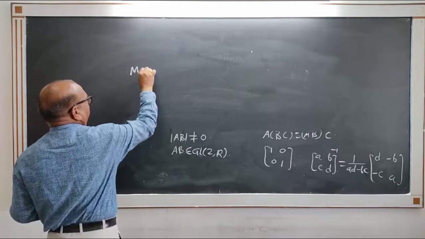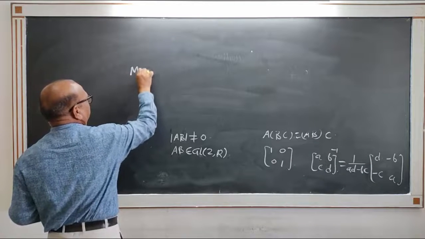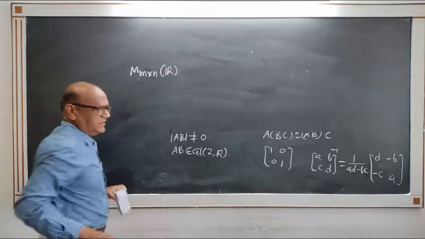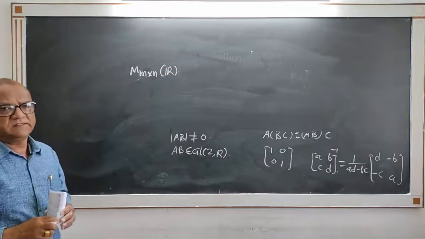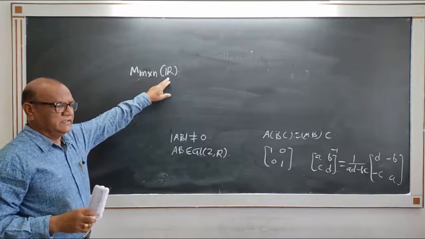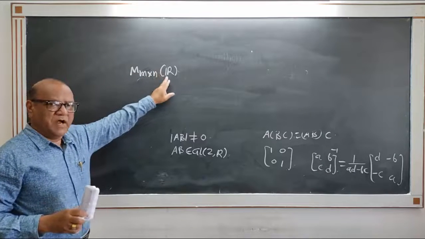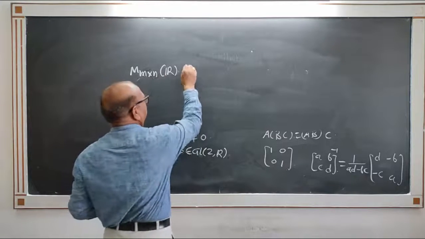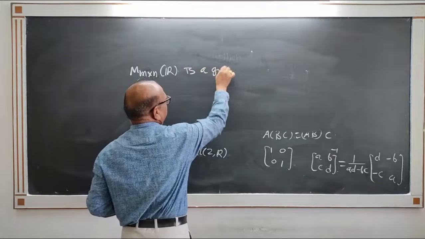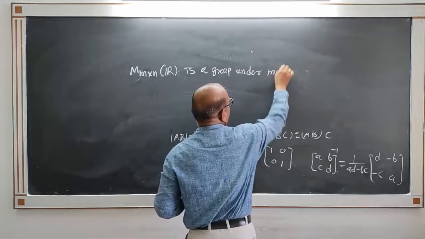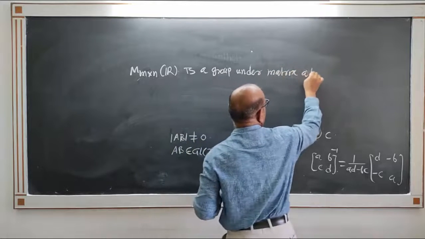The set of m cross n matrices with real entries is a group under matrix addition.